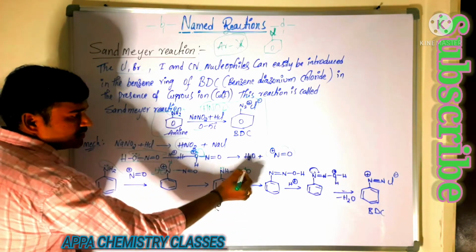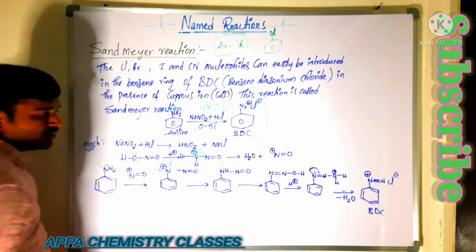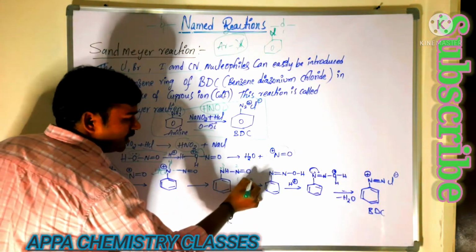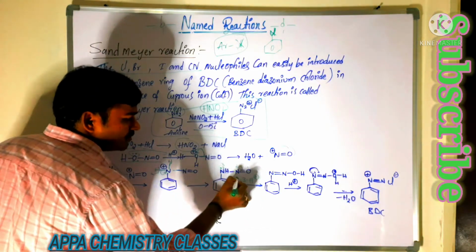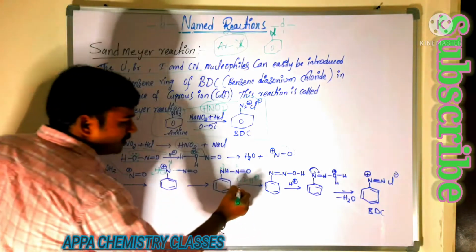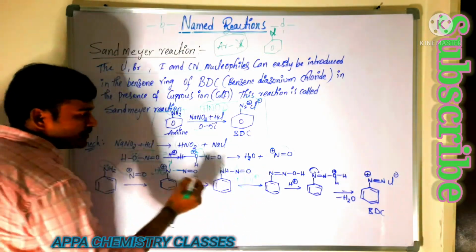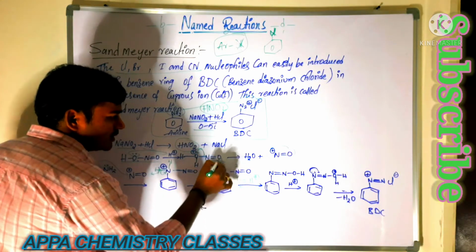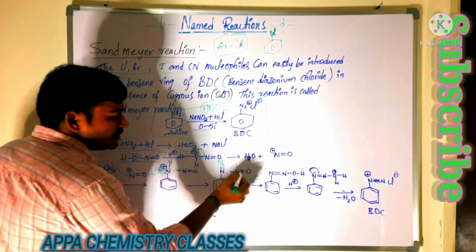Now you take this as 1, 2, 3. Now here, a 1,3 proton transfer takes place. A 1,3 proton shift takes place. That is what we are calling tautomerization. Now you see in this case, this hydrogen I am representing here. Now what happens here?